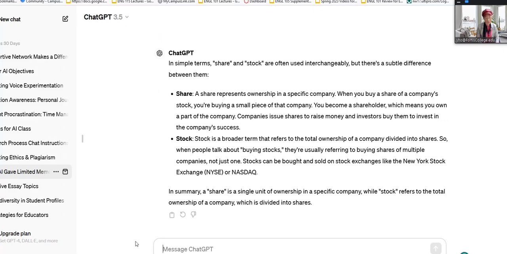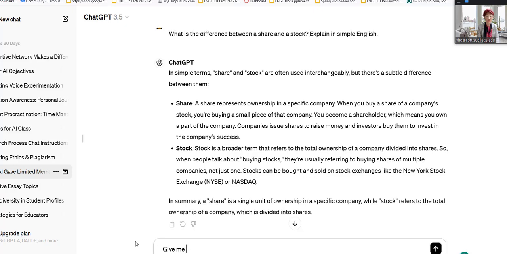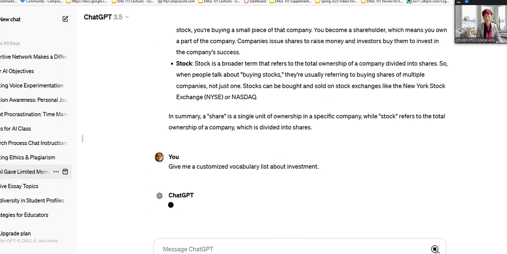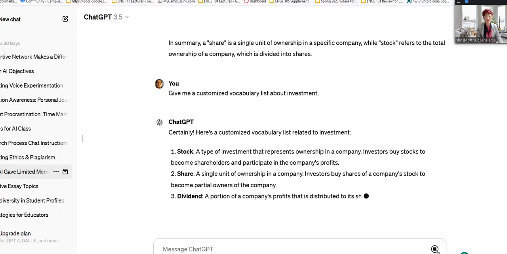And if I wanted my own customized vocabulary list, I can say, give me a customized vocabulary list about investment. So let's say I'm interested in learning about investment, so what vocabulary do I need to know?